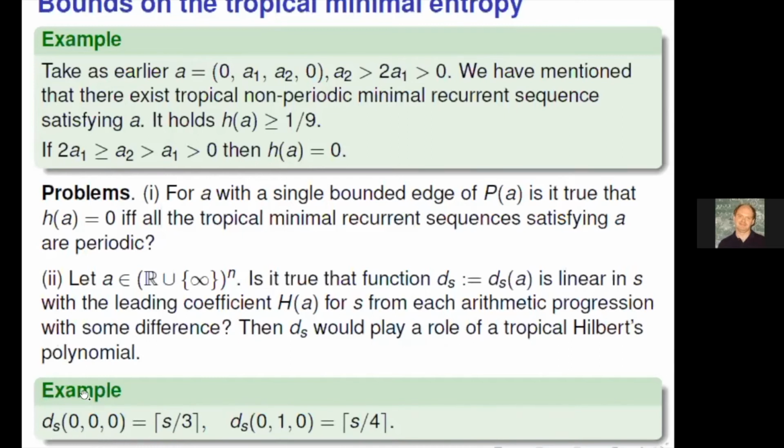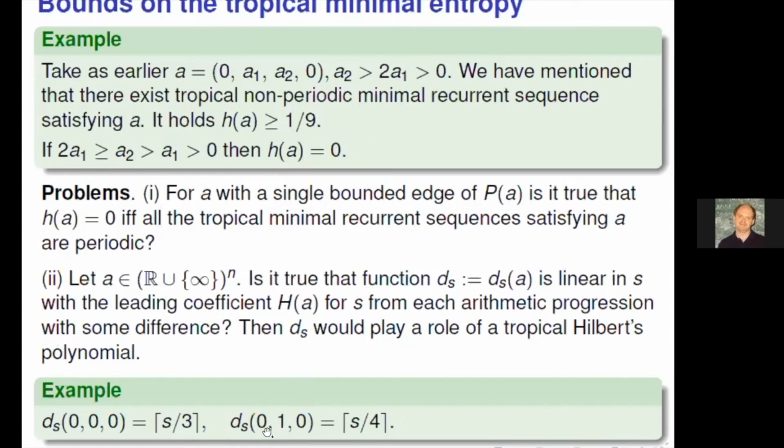Then the ds function, so the function of the dimension, is just the ceiling function of s over 3. So it is exactly what I suppose here. So here the difference is 3, and at the arithmetic progression 1 modulo 3, it jumps. It jumps, and for the rest it stays unchanged.